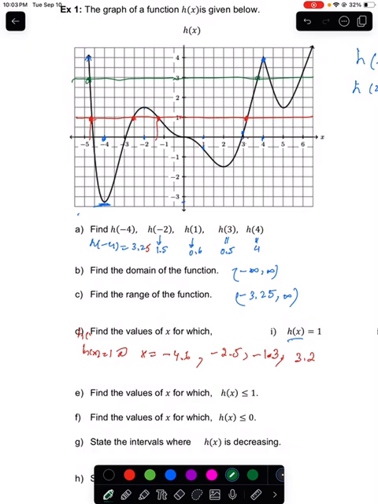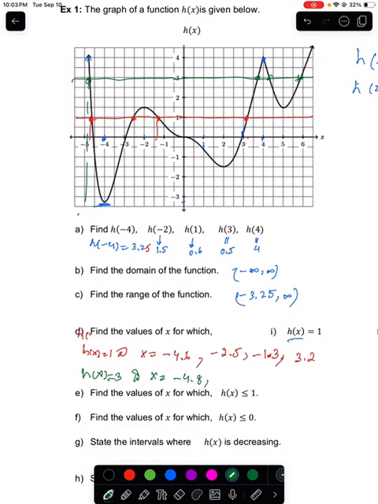So h of x is equal to 3 at x equals... Okay. So the first value is what? More like negative 4.8, comma 3.75.